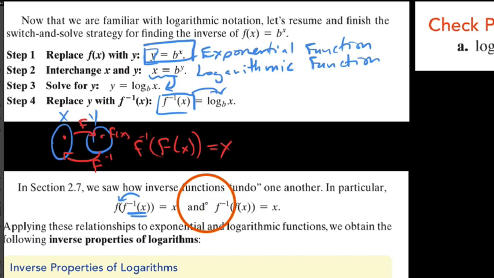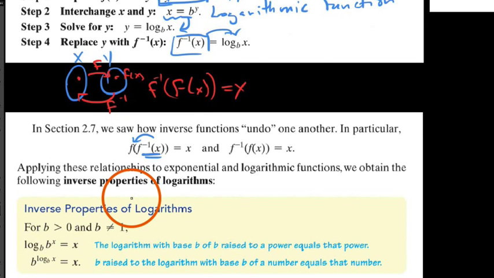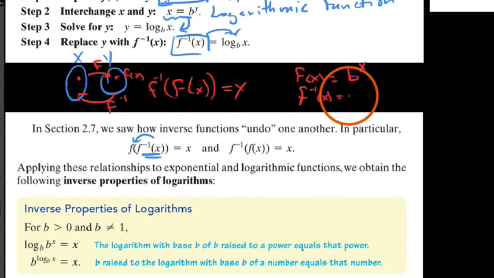And so this happens both ways around, but the bottom line here is this: because you can plug one into the other, then these two properties happen to be true. Of course we know, let me write this here. We say f of x is equal to b to the x. You know, y equals b to the x is what we had for our exponential function. And we say its inverse, f inverse of x, is equal to log base b of x. These are inverses.